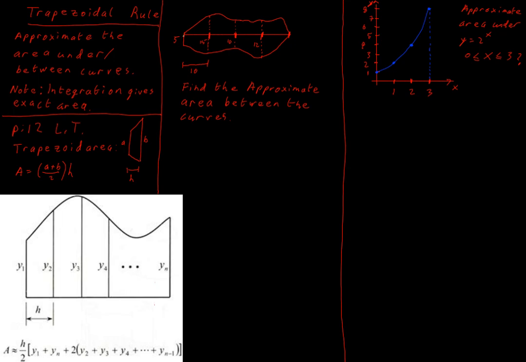Our first measurement here, our lake is a bit funny, it goes straight down from this point, so it has a length of 5, so that would be our y1, that's our first length. Our second length, y2, would be 15. Our third length would be 10. Our fourth length would be 12.